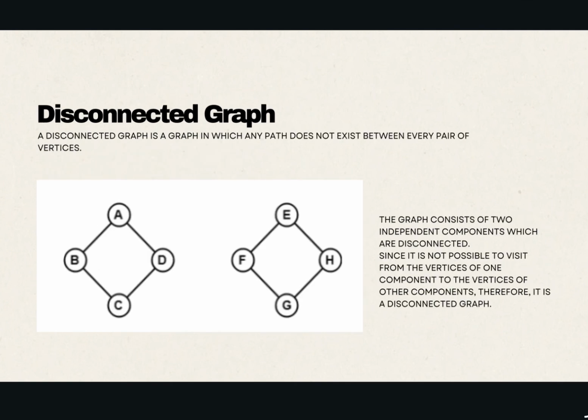Next is the disconnected graph. A disconnected graph is a graph in which a path does not exist between every pair of vertices. The graph consists of two independent components which are disconnected. Since it is not possible to visit from the vertices of one component to the vertices of the other component, therefore it is a disconnected graph.